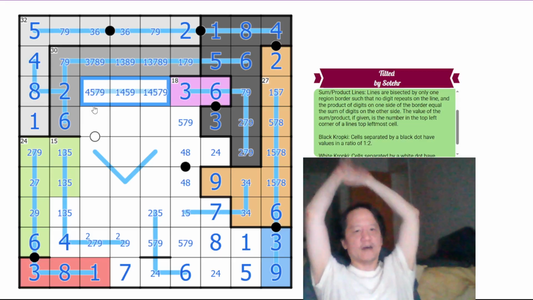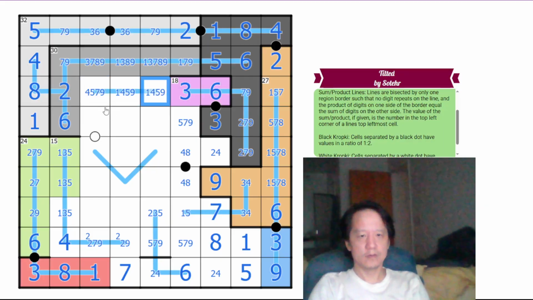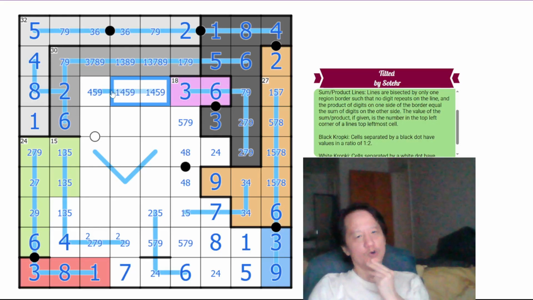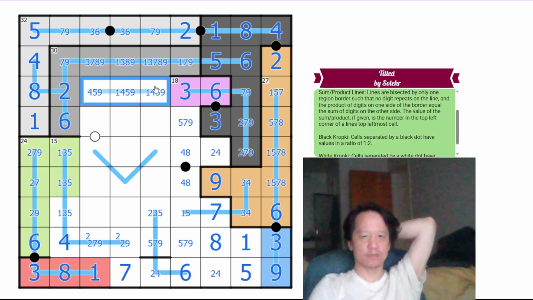Or 4 and 5 adding up to 9. 7 can never be here. So 1, 4 adding up to 5. Or 4, 5 adding up to 9. I'm guessing 4, 5, and 9 is probably the one that's going to be, but we don't really know.